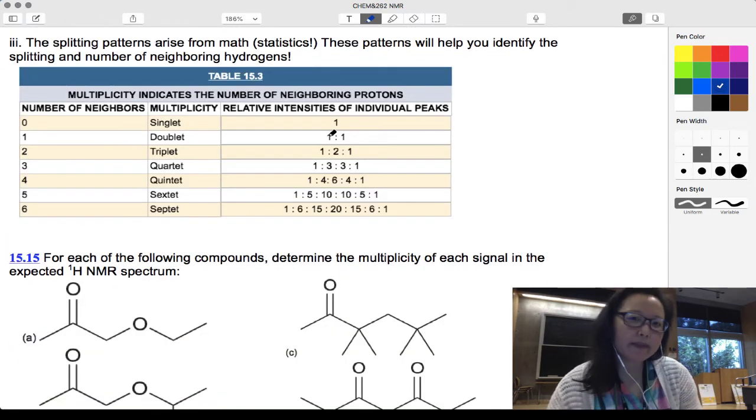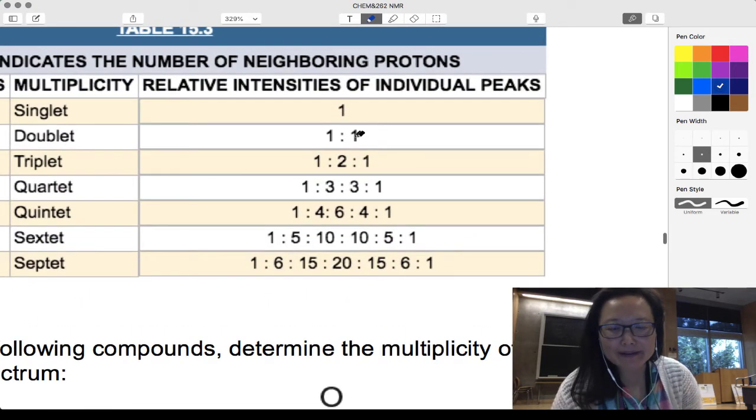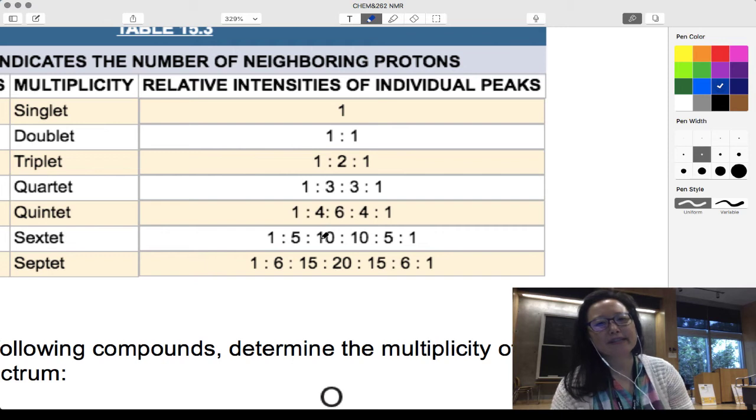So these splitting patterns come from something called Pascal's triangle. And you guys can see this sort of mathematical thing. It's sort of cool, like 1, and then you have 1 and 1, and these 2 add up to 2, and 2 and 1 add up to 3, and 3 and 1 add up to 4, 4 and 1 add up to 5, 4 and 6 add up to 10.